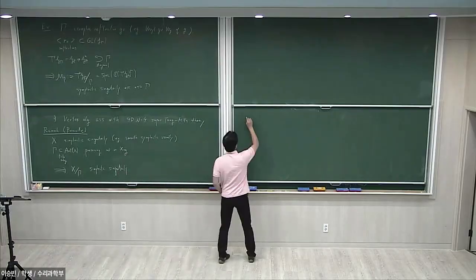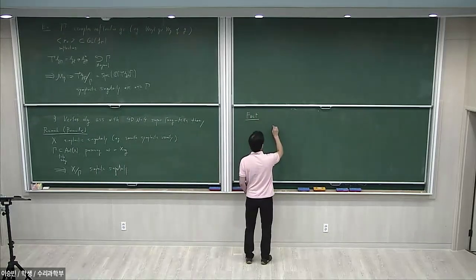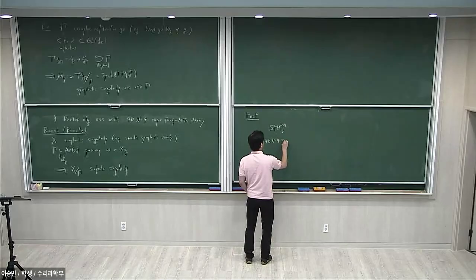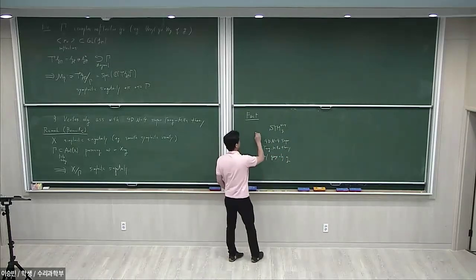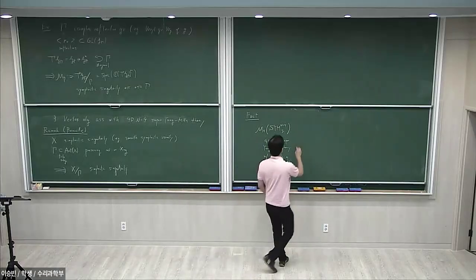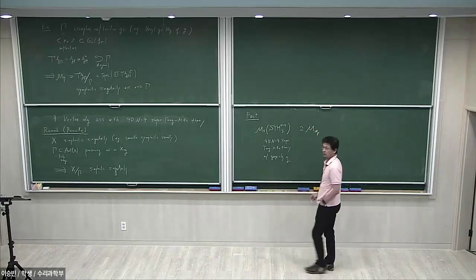And the fact is that if you consider N=4 four-dimensional super Yang-Mills theory with gauge algebra g, and consider its Higgs branch, this is known to be isomorphic to the symplectic singularity associated with this Weyl group.